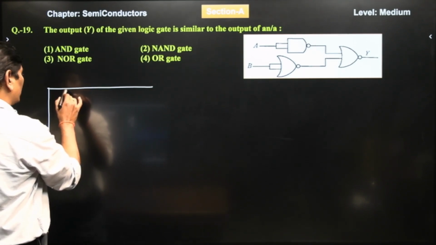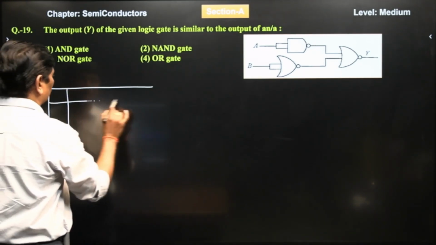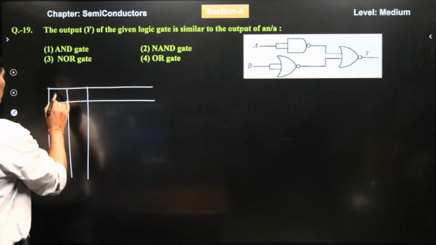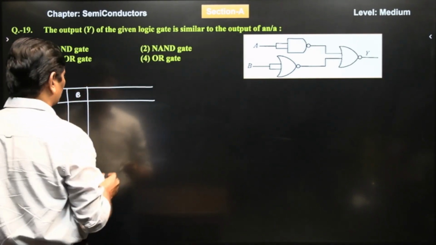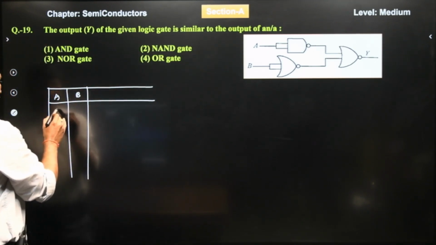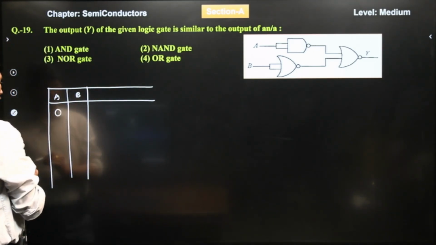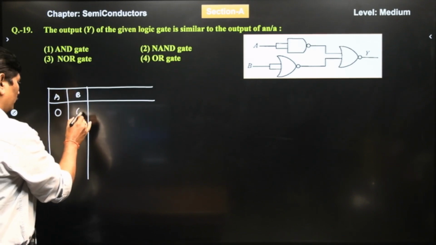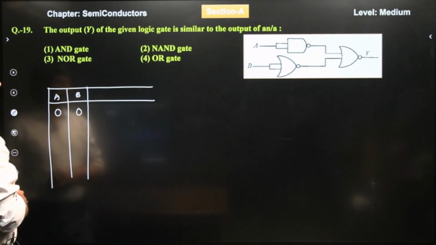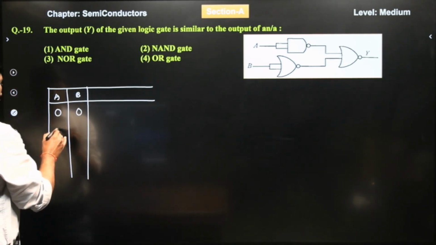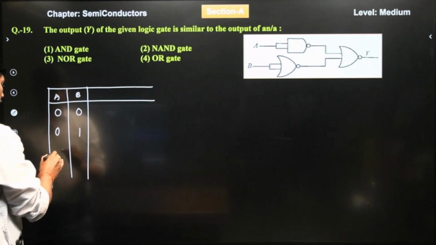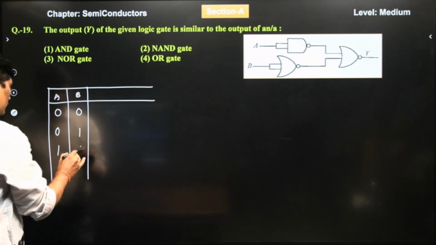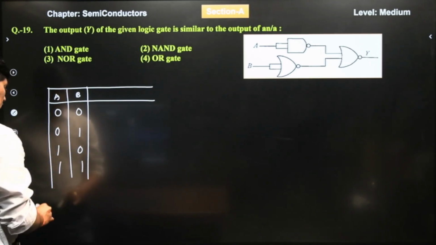The inputs are A and B. How can we take the combinations? A value 0, B value 0. Next possibility, 0, 1 or 1, 0, and 1, 1. These are the possibilities we know.